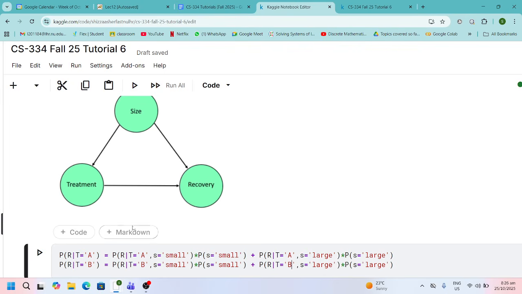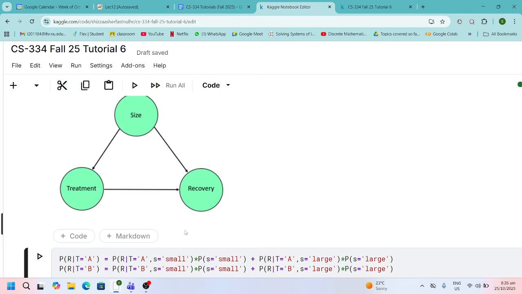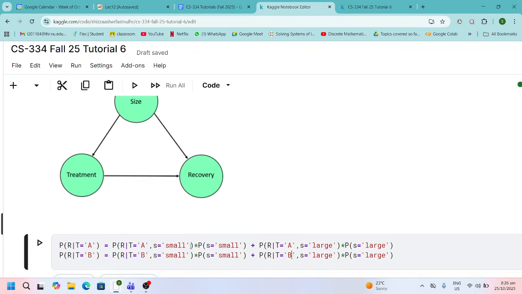What if you had two confounding variables or multiple confounding variables? Recall from your causal inference lecture and your lecture slides that you have to control for every confounder in this manner. So suppose I also had age, and age had two possible values, young and old. This is how I would have to go about it, and then I would multiply it with the probability that the age is young.